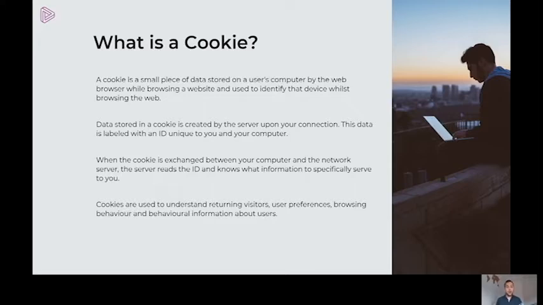To start with, what is a cookie? Well, a cookie is a small piece of data that is stored on your computer by a web browser while you're browsing websites, and it's used to identify the device. So essentially, you visit a website, it stores a cookie on your browser, and it can then identify you uniquely, your device, when you visit that website again or you browse around the internet.